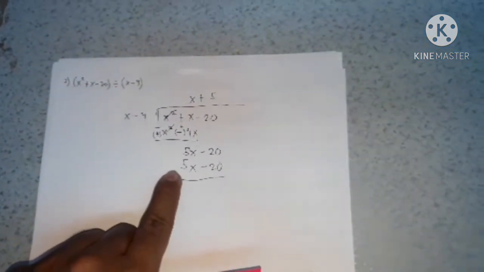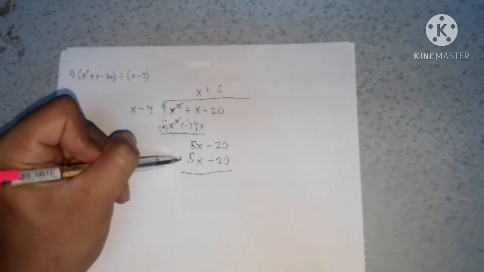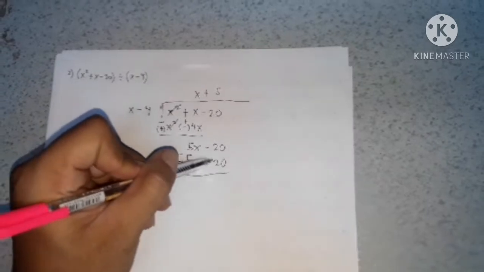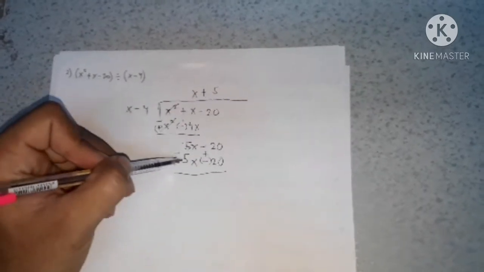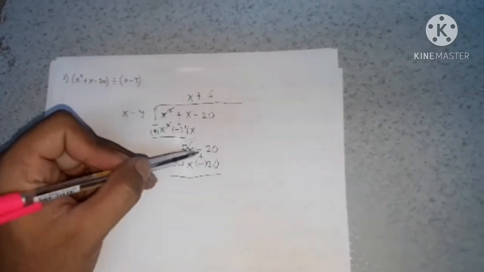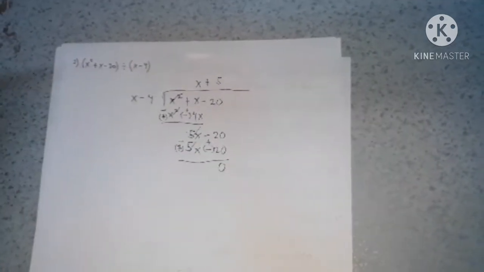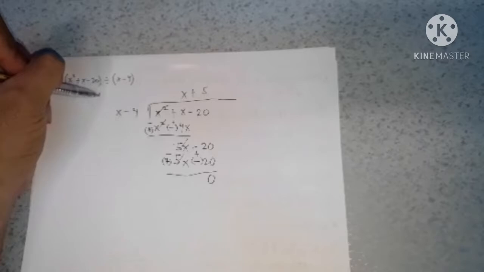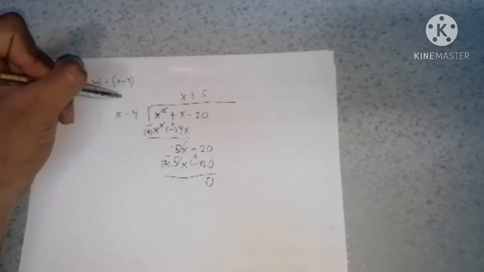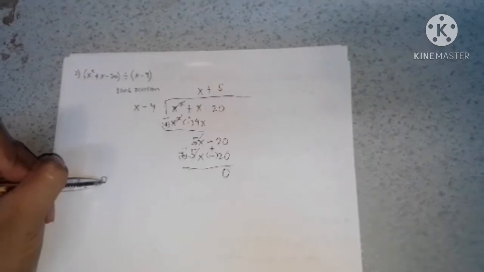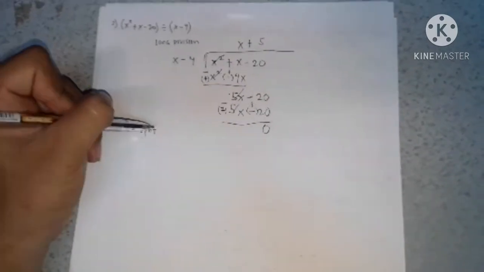Again, walang nakasulat, ibig sabihin siya ay positive. So, from positive, magiging siyang negative. And then from negative, magiging positive. So, 5x plus negative 5x, that is 0. And then negative 20 plus positive 20, you have 0. So, yun yung long division method. Proceed naman tayo sa synthetic.